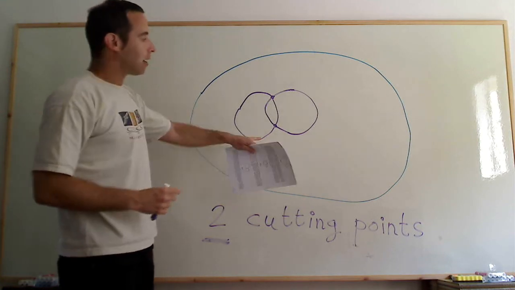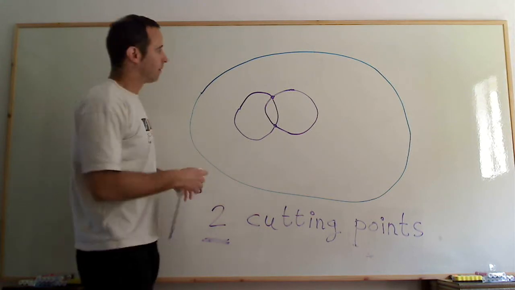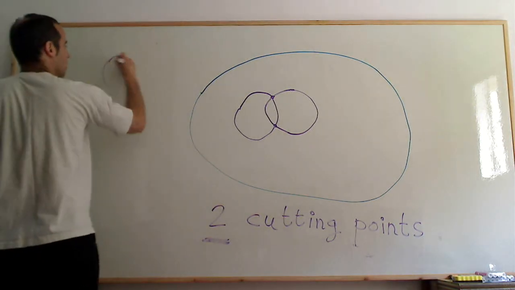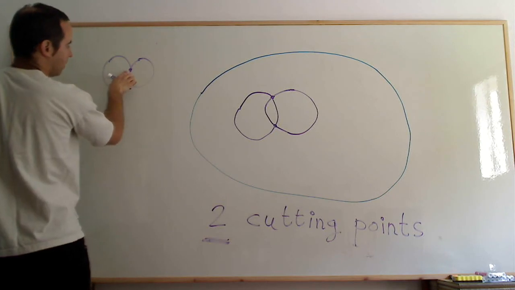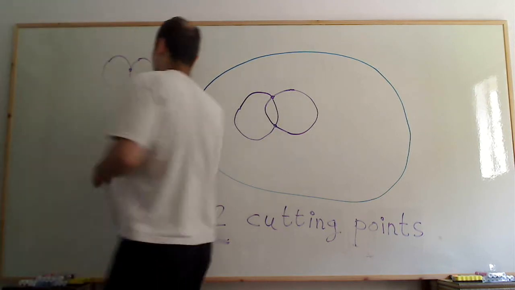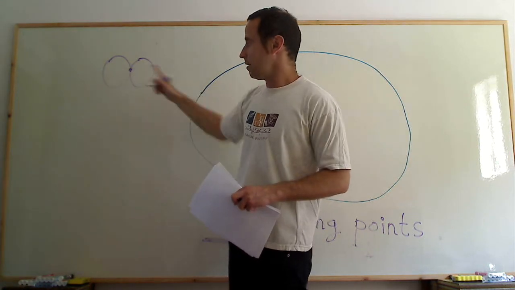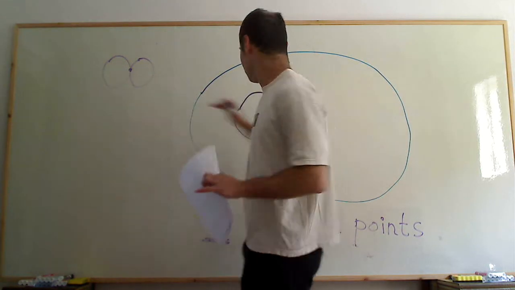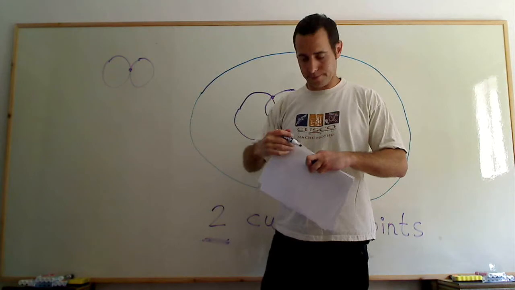We don't allow, I mean, just to clarify, if we had a situation like this, okay, that they are just touching, this is not called cutting. So we are talking about real cutting, like going in, not just touching in one point.